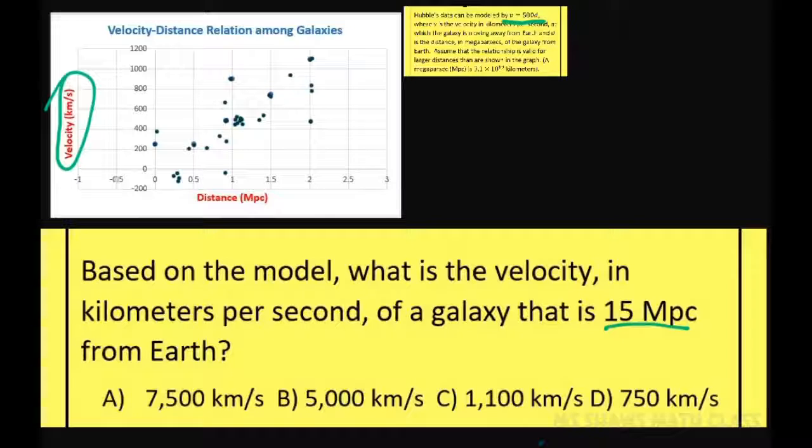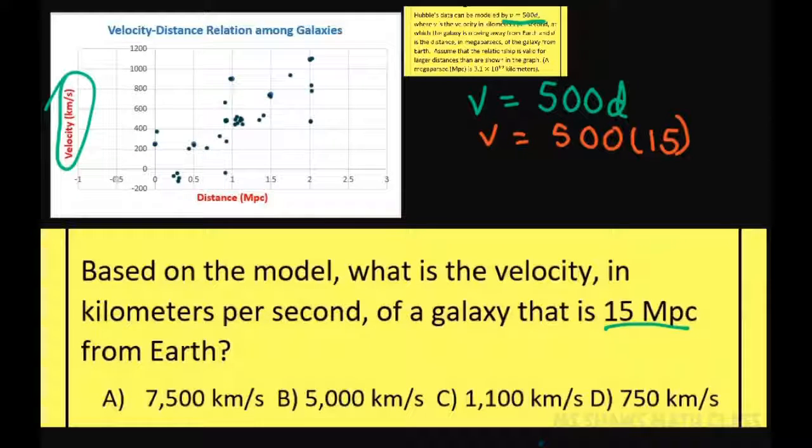So all you're going to do is do velocity equals 500d, and d is 15. So v equals 500 times 15, and that gives us 7,500 kilometers per second. So that would be answer A.